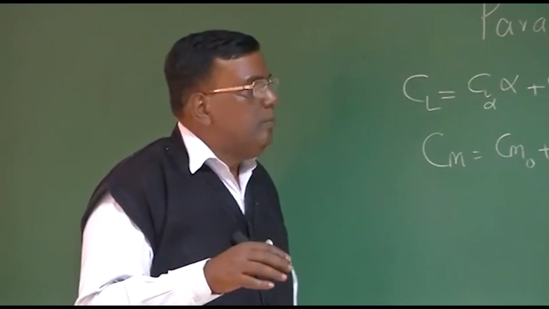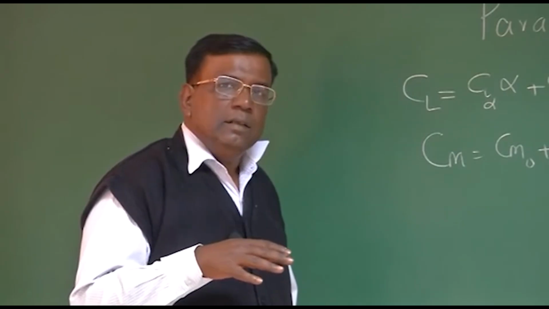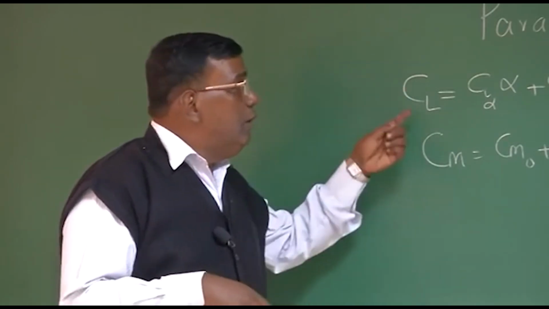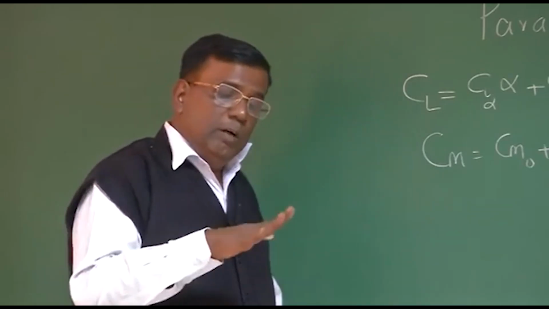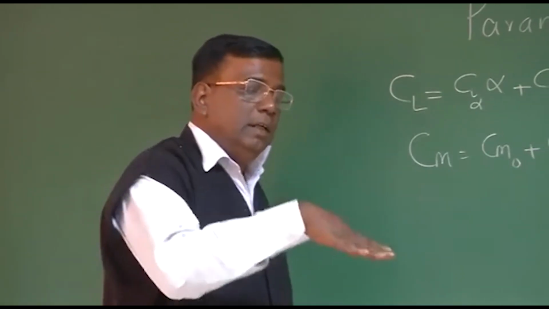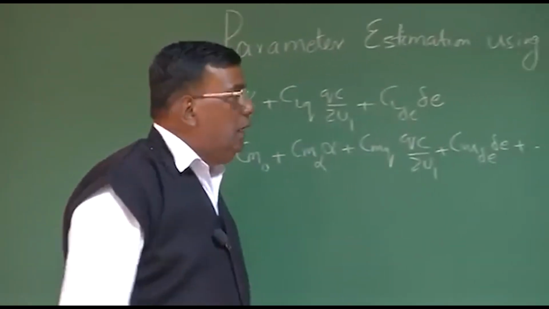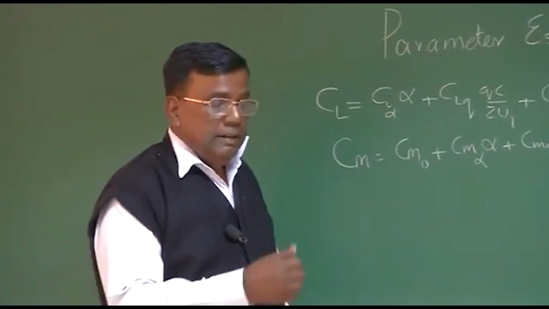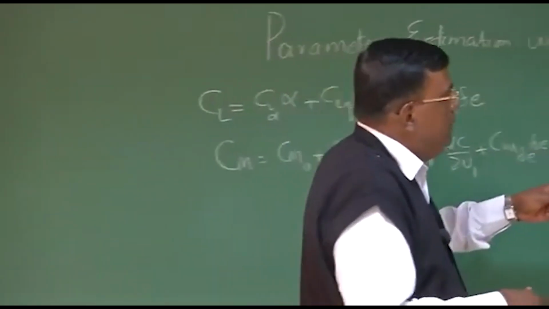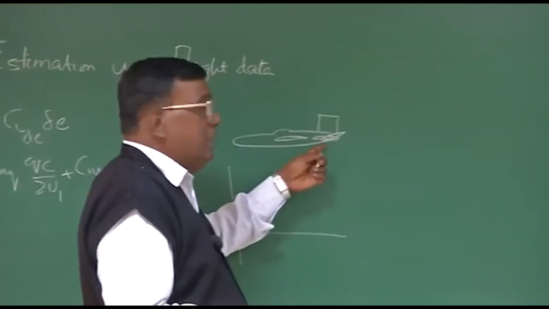So I have to excite the airplane in a particular mode of interest. What is the mode here? When I write CL and CM, CM is the pitching moment, so I want to excite the airplane in the longitudinal mode. How do I excite that? I excite it by giving an elevator input, and that is what is depicted here.